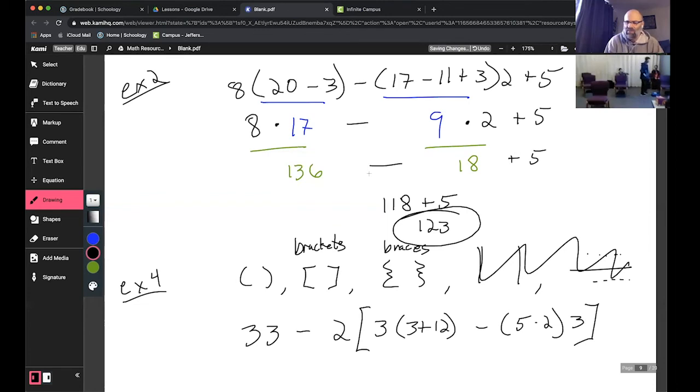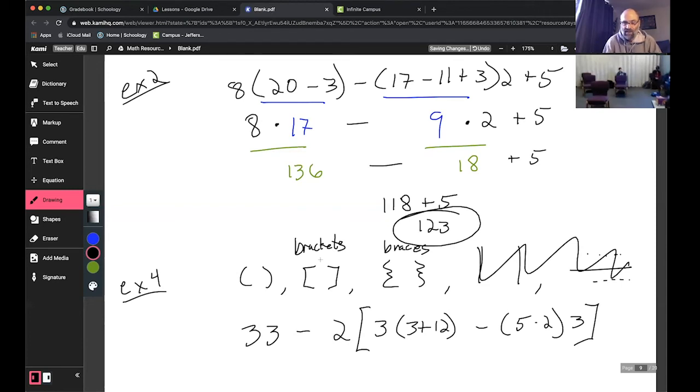Do you see why this could be confusing if this was just all parentheses? Look at how confusing this looks. Doesn't that look confusing? So it's easier to keep track when we choose different types of symbols of inclusion.